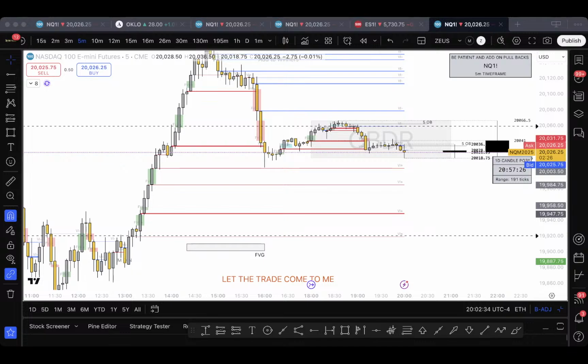What do we got here? I know we got a trade fit delivery here on the weekly. We got that monthly purchase here. Weekly volume imbalance.